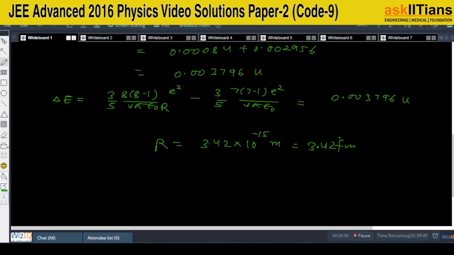First is the difference of electrostatic potential energy due to the bombardment of a neutron with oxygen producing nitrogen and a proton. And using the conservation of energy concept, the binding energy difference is equal to the potential energy difference. So we got the radius R equal to 3.42 × 10⁻¹⁵ meter. So this was an easy question.